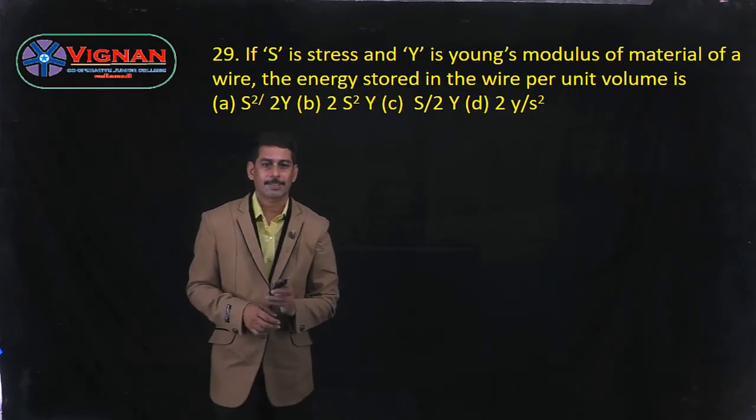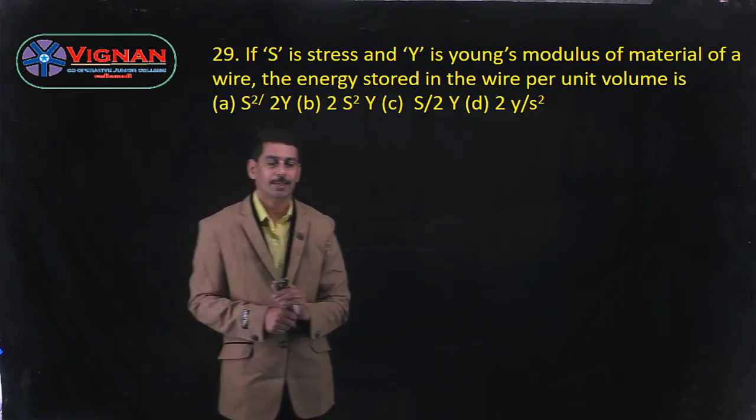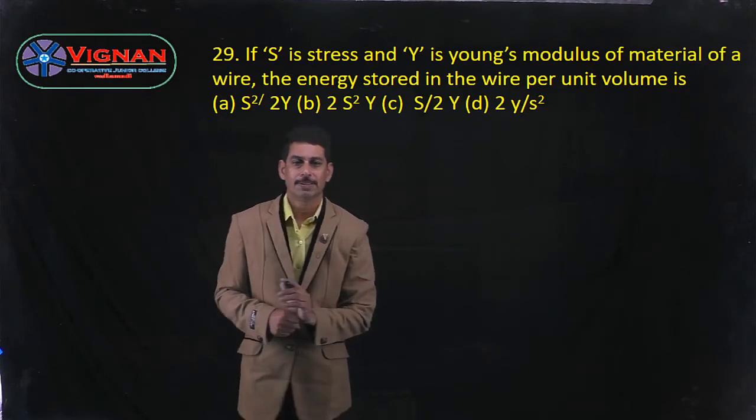The next problem: S is the stress and Y is the Young's modulus of the material of the wire. The energy stored in the wire per unit volume is.